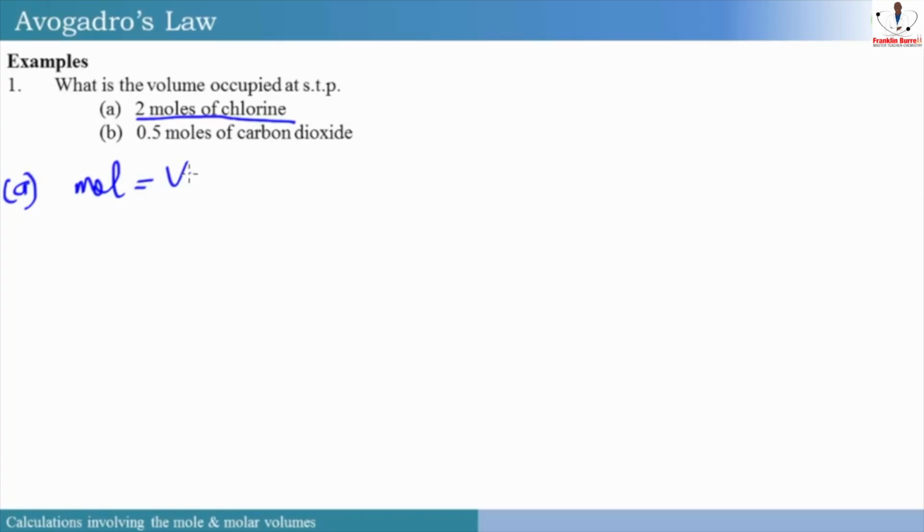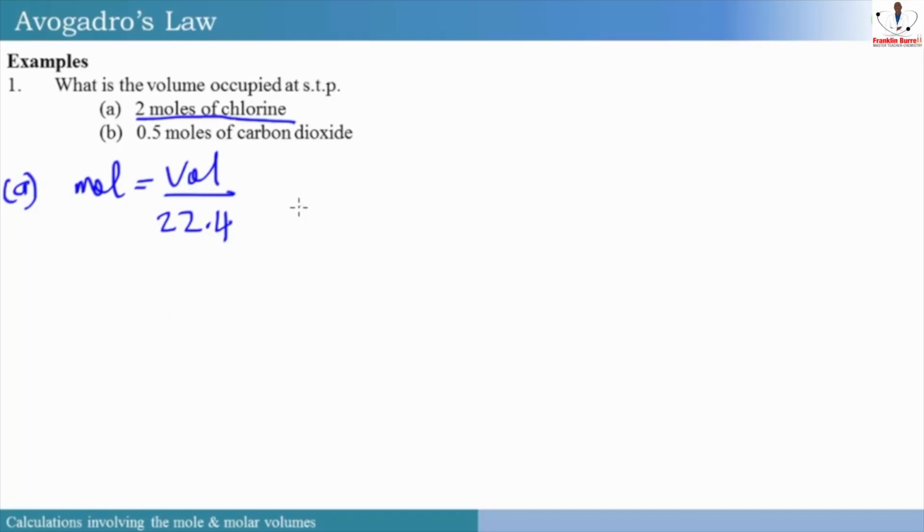moles is equal to volume over 22.4. Why 22.4? Because the volume here is at STP, and 1 mole of a gas at STP occupies 22.4 dm cube.